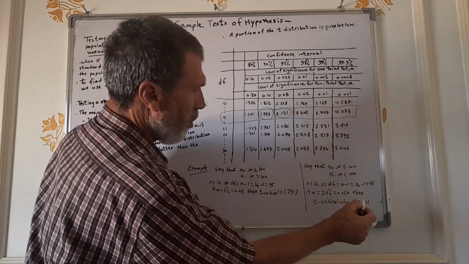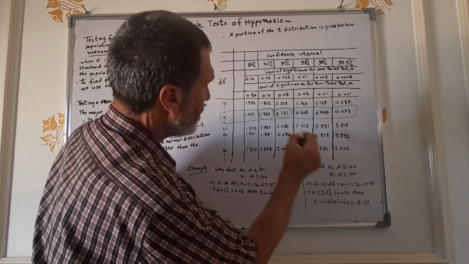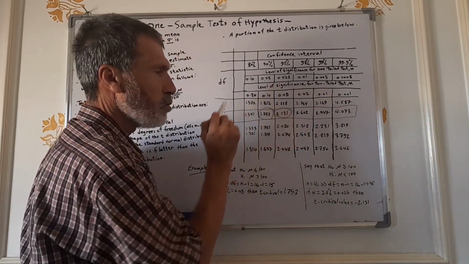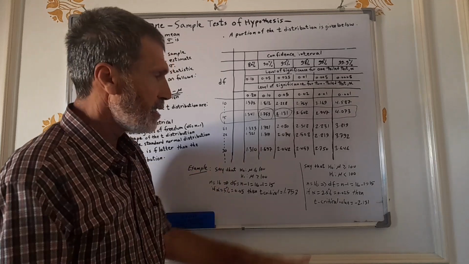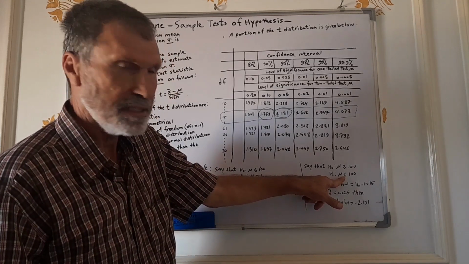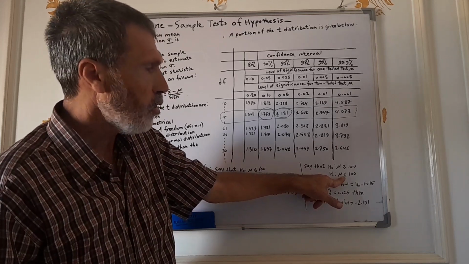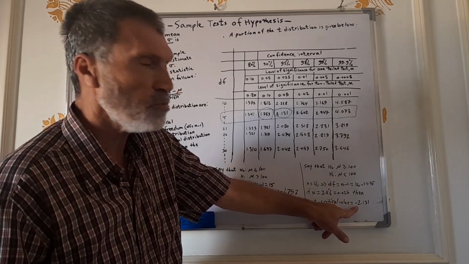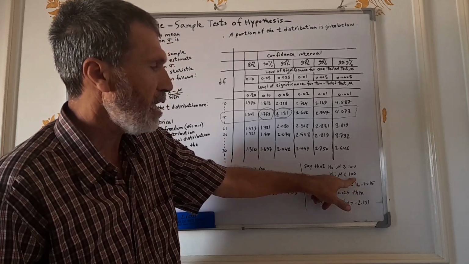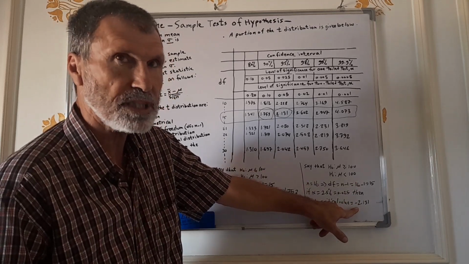Okay, 2.131. This is the critical value, 2.131. Since the rejection region is in the left tail, the critical value is going to be negative. If the rejection region is in the right tail, then the critical value is going to be positive.